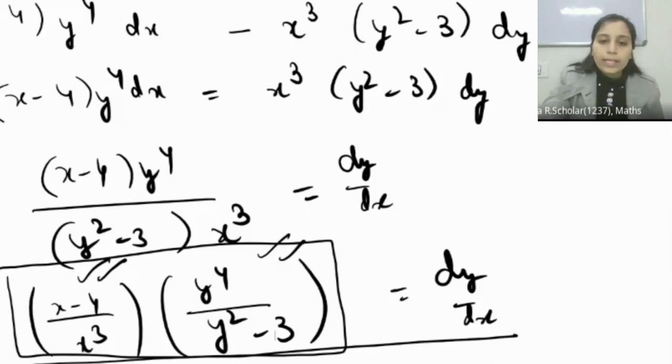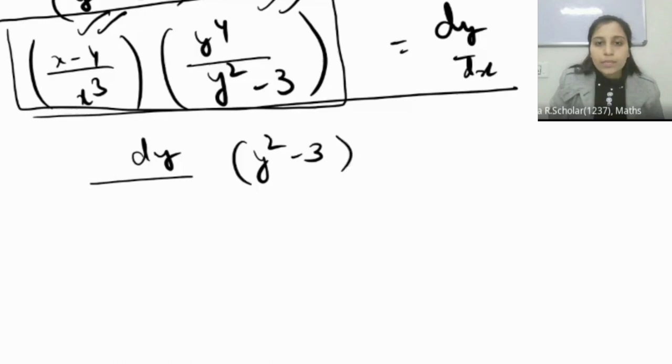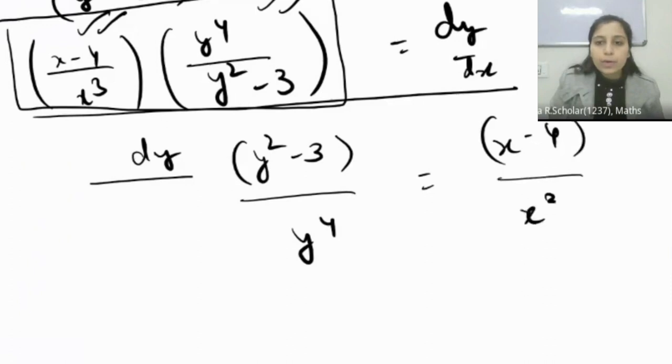Now we can separate the variables as this is a separable equation, taking the y terms on one side. So (y square minus 3) upon y raised to power 4 will come this side, with dy, and with dx, (x minus 4) upon x cube into dx.